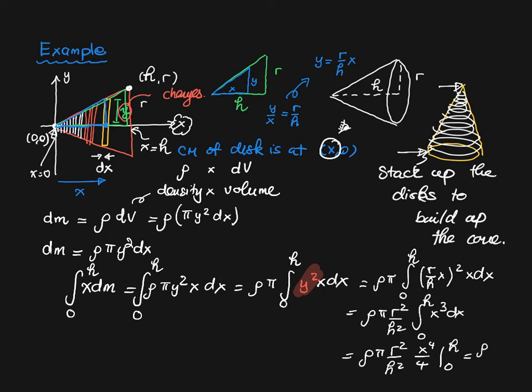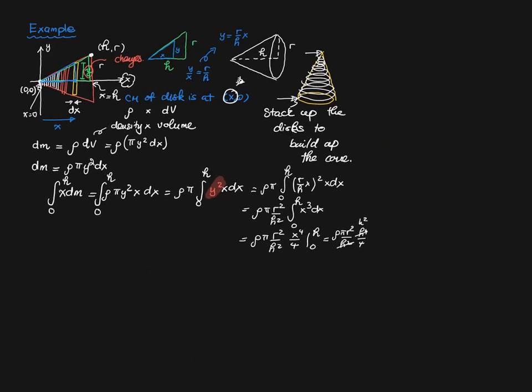So we've got rho pi r squared over h squared times h to the power of 4 divided by 4, and you see that h squared cancels with h to the power of 4, so we've got h squared. So in this case we have the integration of x dm from 0 to h equals rho pi r squared h squared divided by 4.